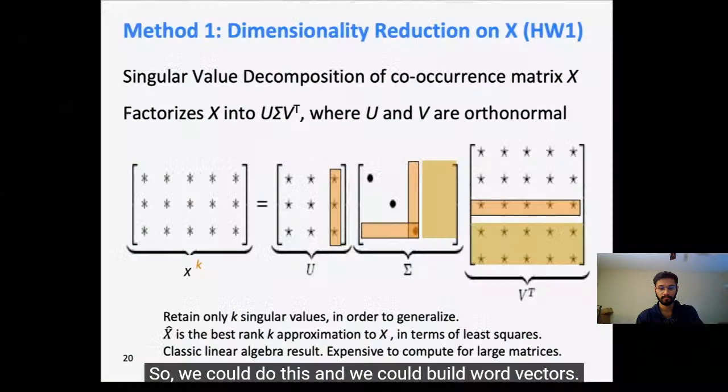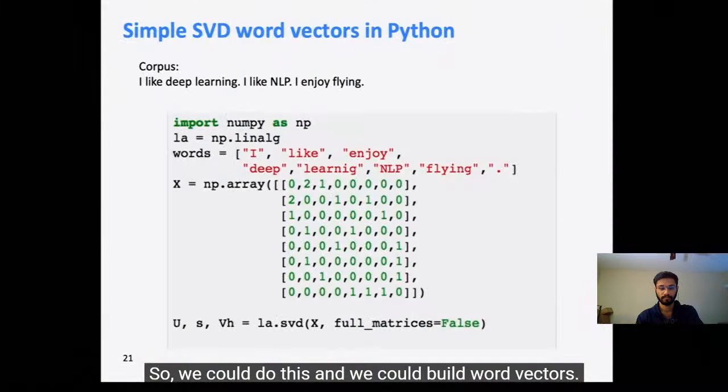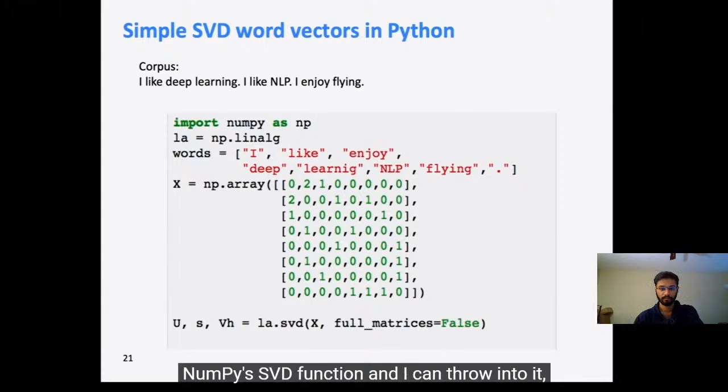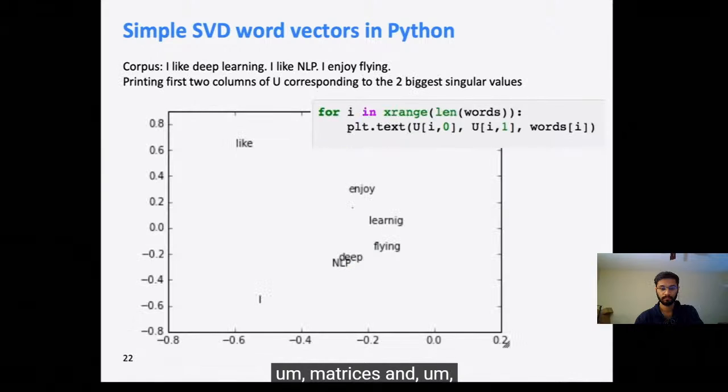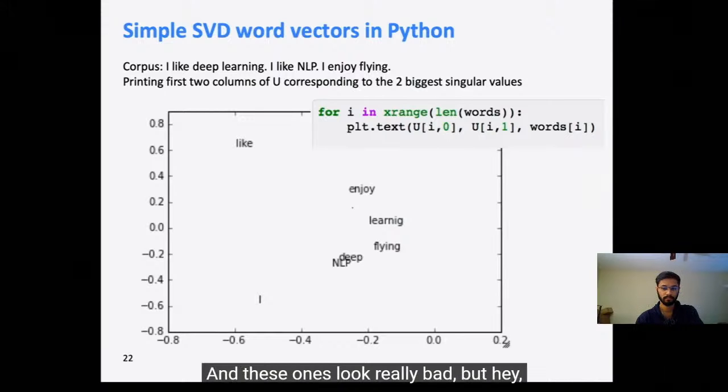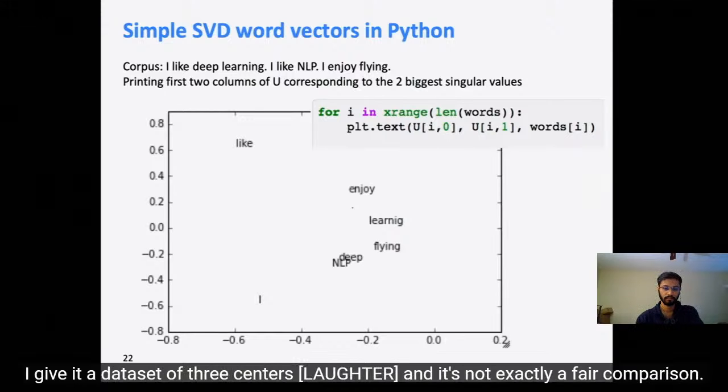So we could do this, and we could build word vectors. I can make use of NumPy's SVD function, and I can throw matrices into it, and I can make word vectors, and these ones look really bad, but hey, I gave it a data set of 3 sentences, so this isn't exactly a fair comparison.